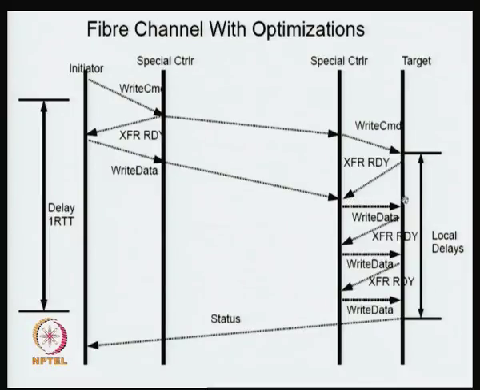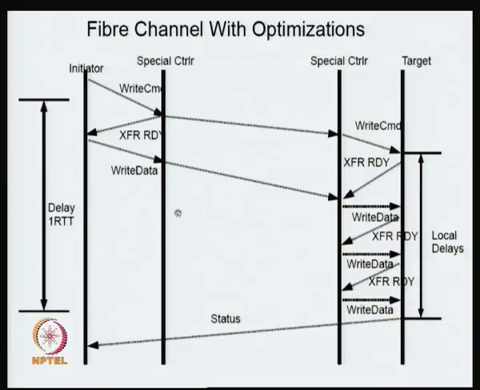Because this special controller and target are co-located, we don't have any serious problems of trying to navigate this wider network round trip. So this will take place very quickly, and then this data is sent back.